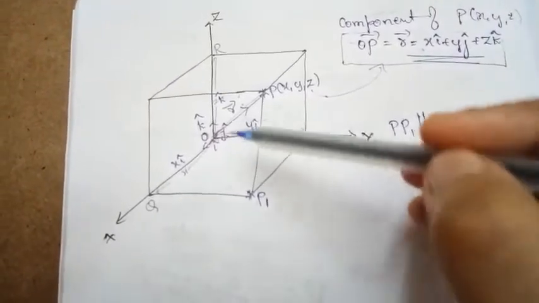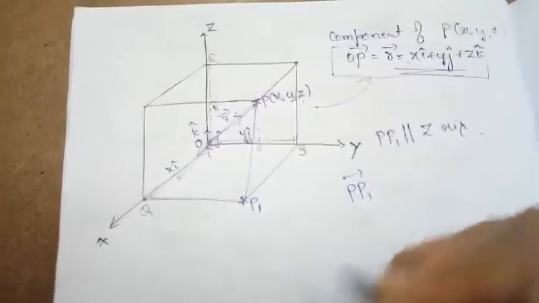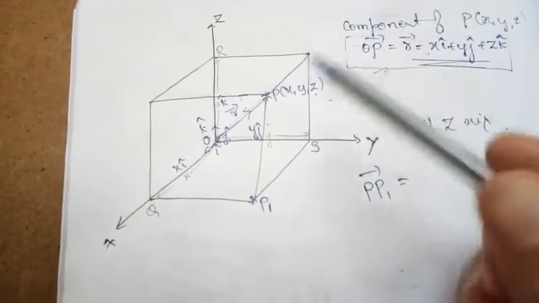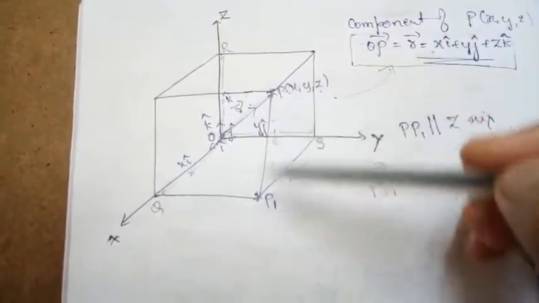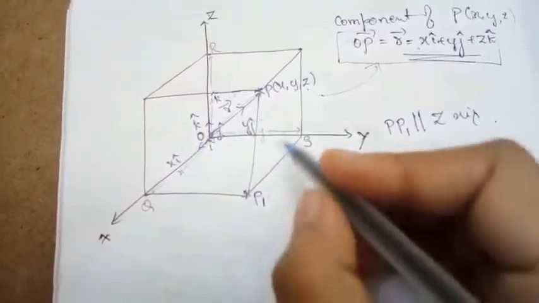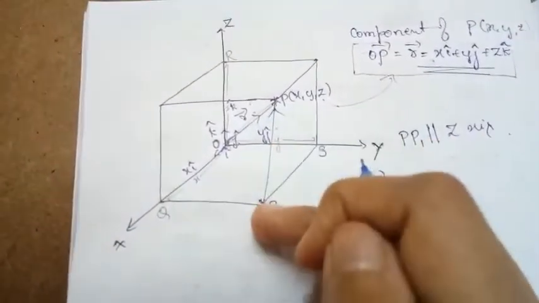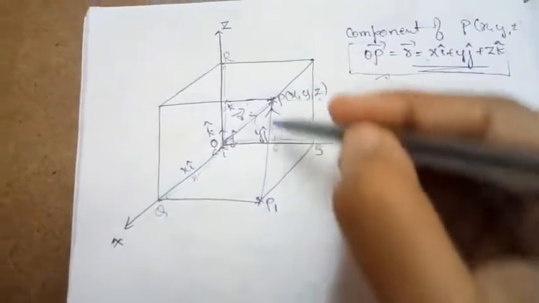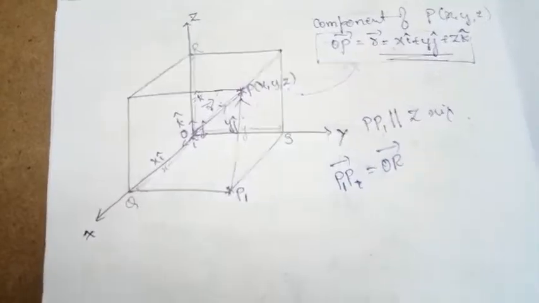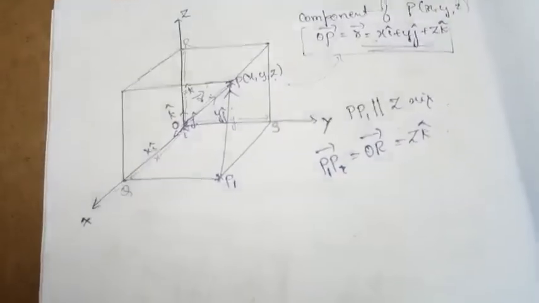You can also see that the vector P1P is equal to OR. Imagine it in three-dimensional space; this is a cubic box, and the vector P1P is like this. So P1P is equal to our vector OR, which is nothing but z k cap.